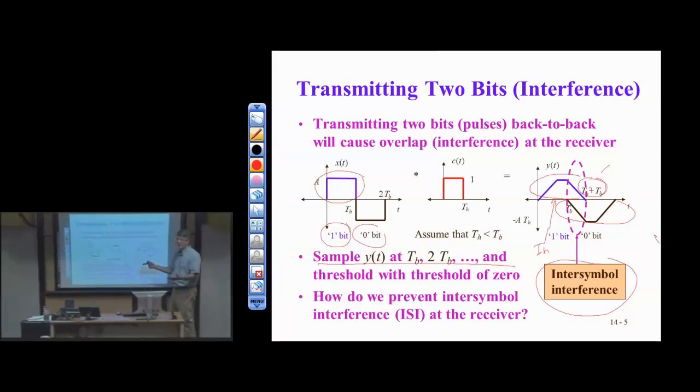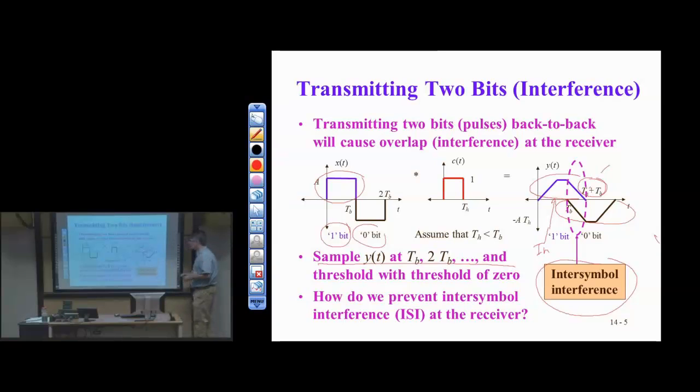But in practice, we're going to have noise. So in practice, we're going to filter over the symbol period, and we're going to get contributions due to intersymbol interference when trying to decide what bit was sent. So the question here is, how do we prevent this intersymbol interference, or really in practice reduce it? In theory, prevent, but in practice reduce the intersymbol interference at the receiver. Okay? Got some thoughts?